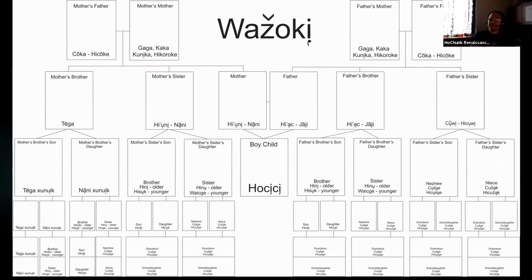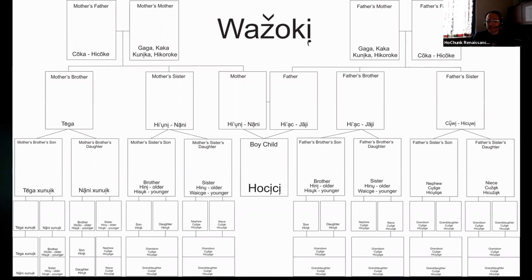As we continue on, we have our father's sister. We call her Chumi or He Chumi. That's where it stands on the chart for the boy, with the father's siblings.